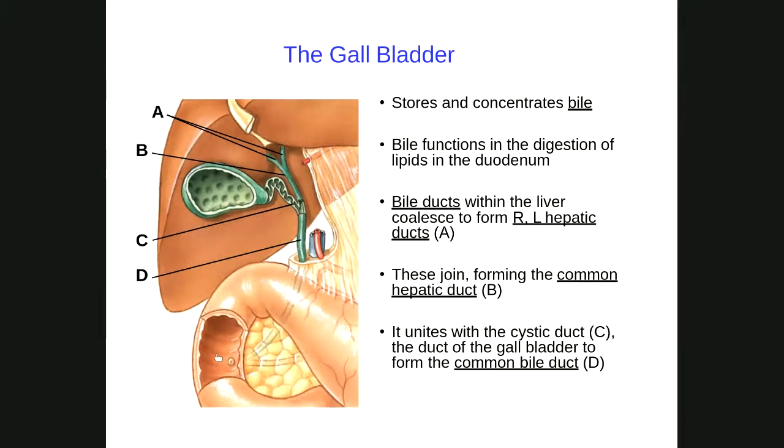So once the food is here, there will be a number of hormonal and neural reflexes that will be activated that will inhibit the gastric motility, and at the same time they will stimulate the release of the digestive elements from the gallbladder and from the pancreas.